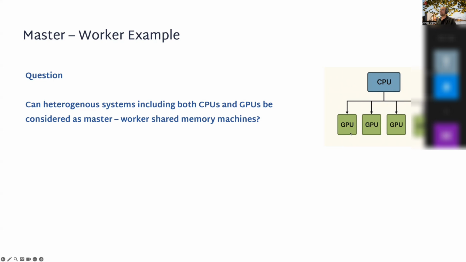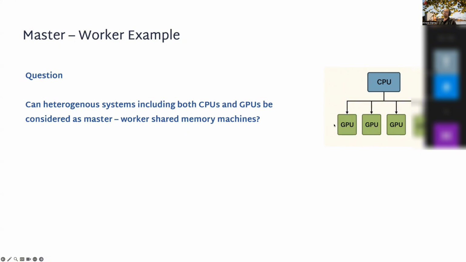Although they can be installed on the same machine, their memory is not shared physically. So in the case of a machine with a CPU and GPU, you don't have a shared memory system, and you cannot really define this master worker shared memory machine. So it's a distributed memory paradigm.